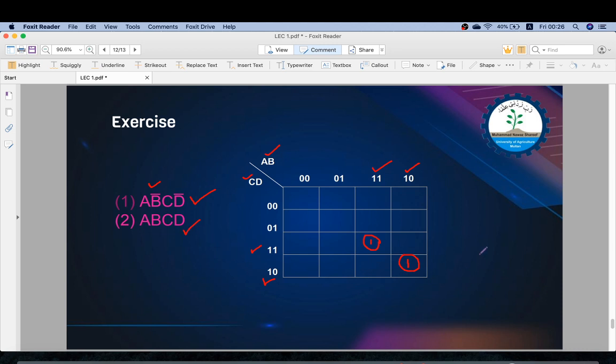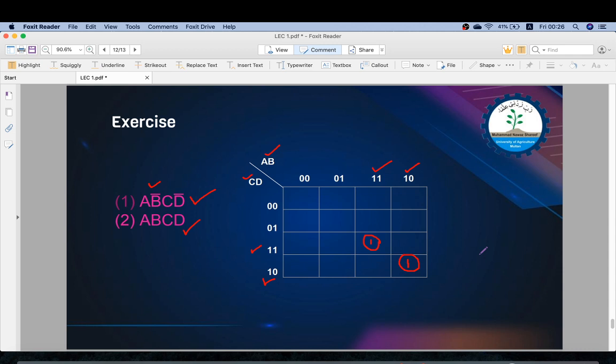So in today's lecture we learned what a K-map is, why we use a K-map, and how many types of variables there are. We studied the 2 variable K-map, 3 variable K-map and 4 variable K-map. Fourth, we studied how to know the number of cells in a K-map.